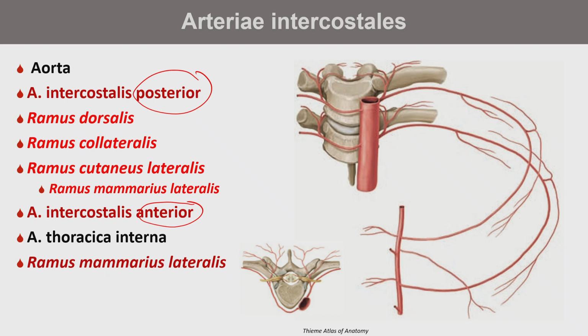The posterior intercostal artery arises from the thoracic aorta, from the descending part, and then goes below the edge of the rib in the groove of the rib, and here is shielded by this from external impairment.